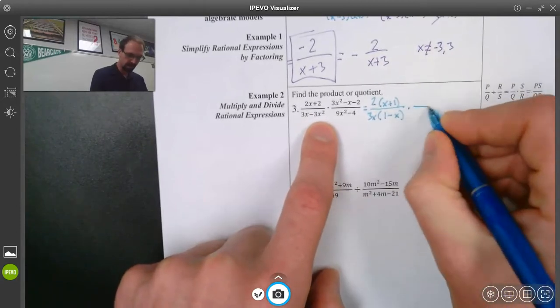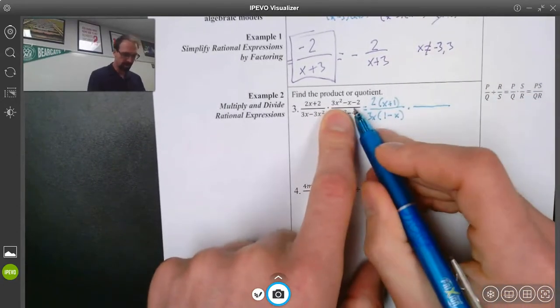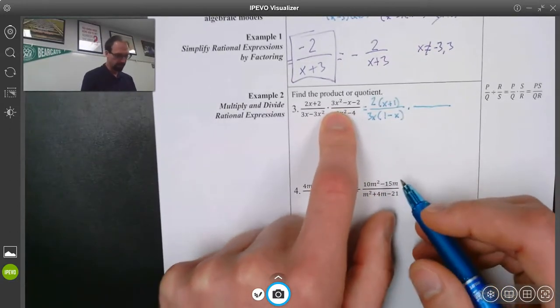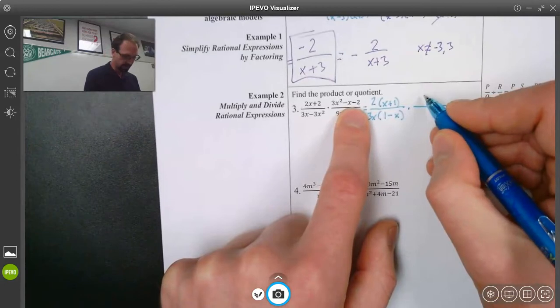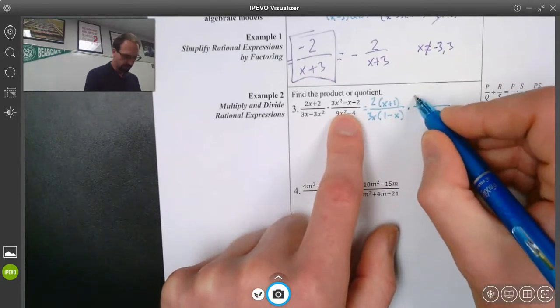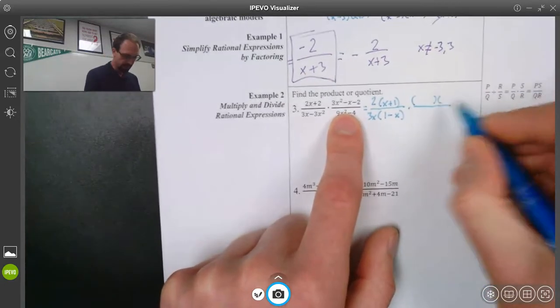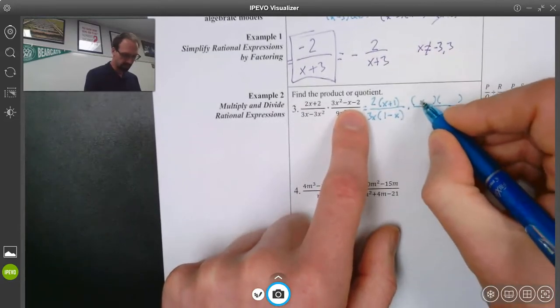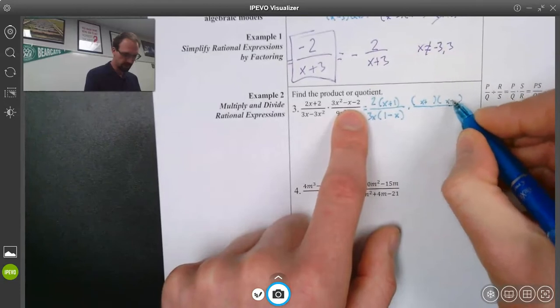And then times over here, looks like this is a trinomial. I've got factors of 1 and 3, and then factors of 1 and 2. So I'm setting this up using my factoring method that we've talked about in previous sections. The minus sign here, so I'm going to have 1 plus and 1 minus.